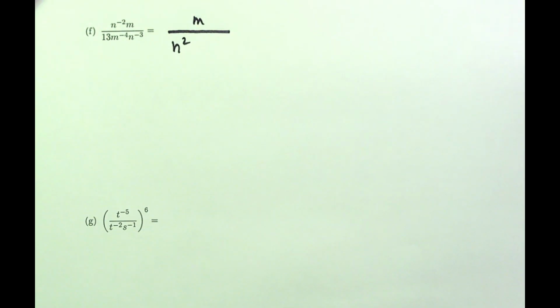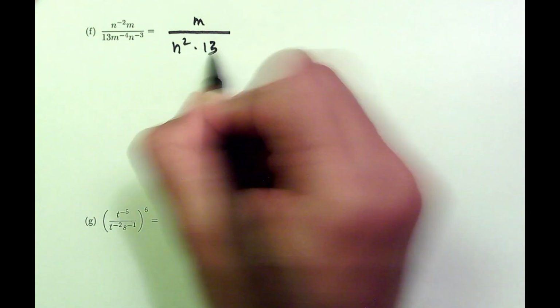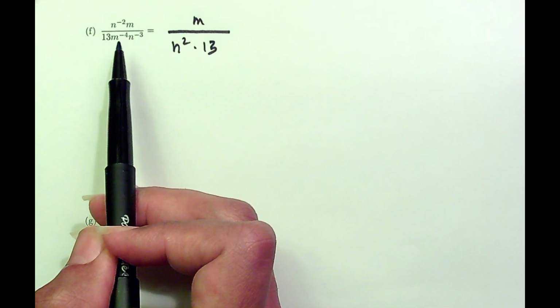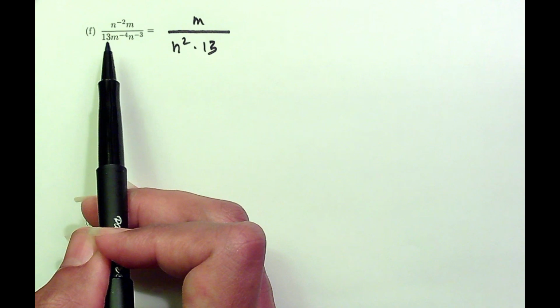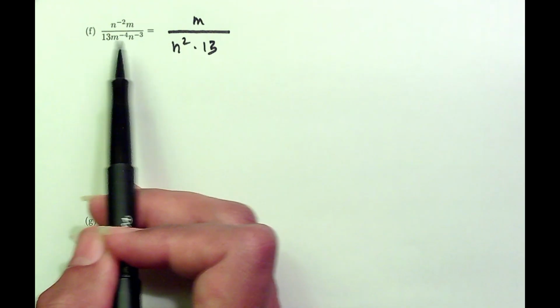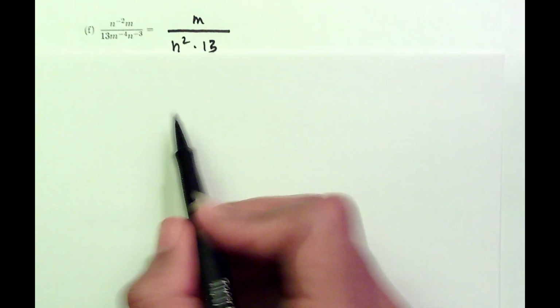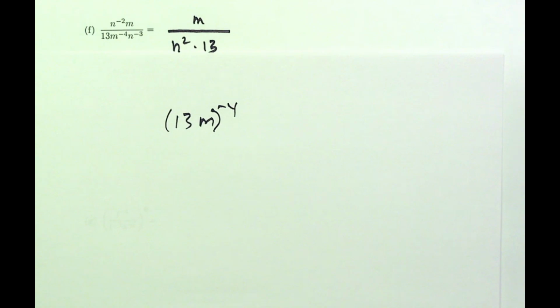Now let's look at the bottom. The 13 doesn't have a negative exponent. Remember that negative 4 is only touching the m. It is not affecting the 13, because if it was affecting the 13, there should be parentheses around the whole thing. It should look like this. But it is not.